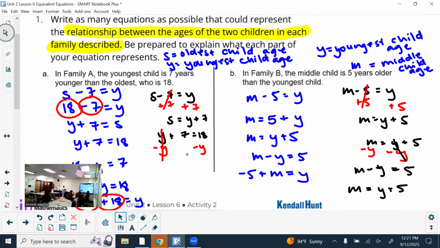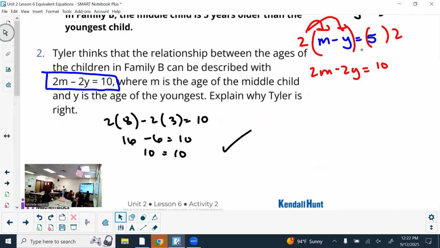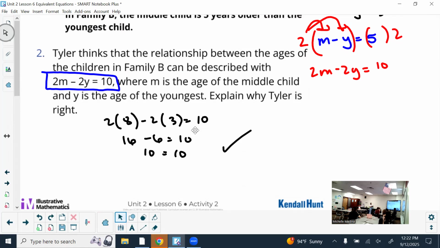That could be subtracting something on both sides to get a new variable isolated. That can be multiplying on both sides. So really almost anything. You can even probably even do multiple things. But if you can manipulate it to get the other equation, then they're equivalent. So they would still have the same answers.